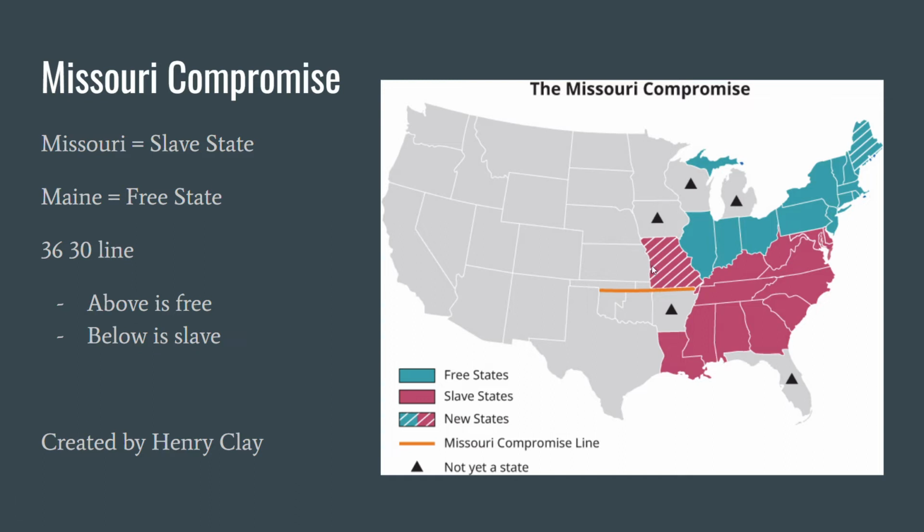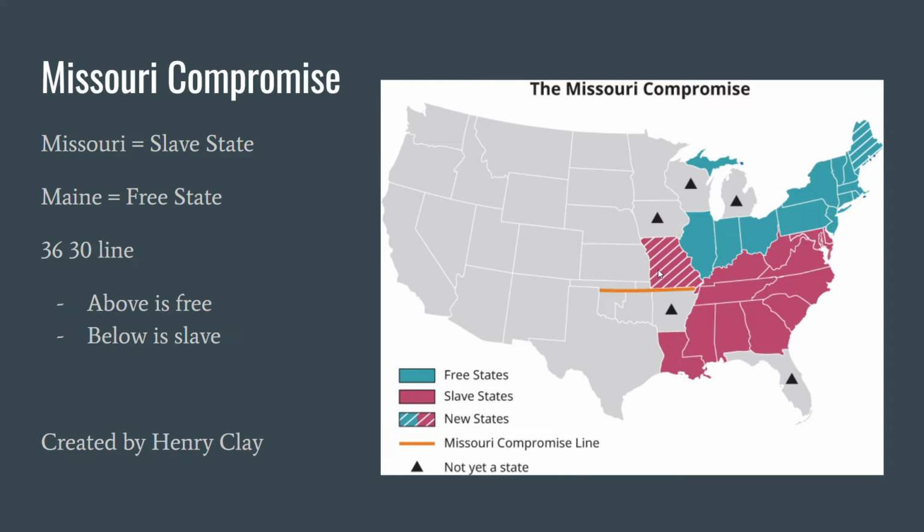Here's the story. In 1819, we have all of these solid teal states and all of the solid burgundy states, and the teal states are free states and the burgundy states are slave states, and it's equal. It's 11 and 11. Then in 1819, Missouri petitions to become a state.